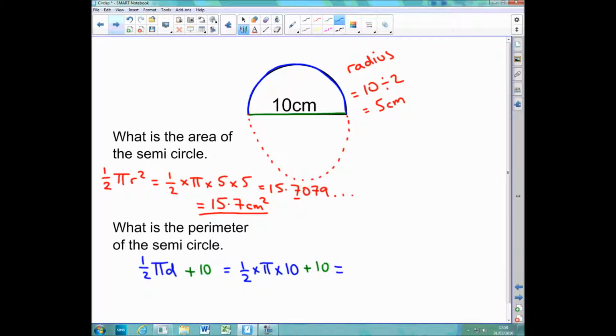We get the answer of 25.7079, and again this will keep going. So again, it hasn't stipulated whether to round or not, so I'm going to just practice a little bit of rounding by rounding it to 3 significant figures again. So that 7's in the 3rd place. It's not going to round up, so 25.7 centimeters.